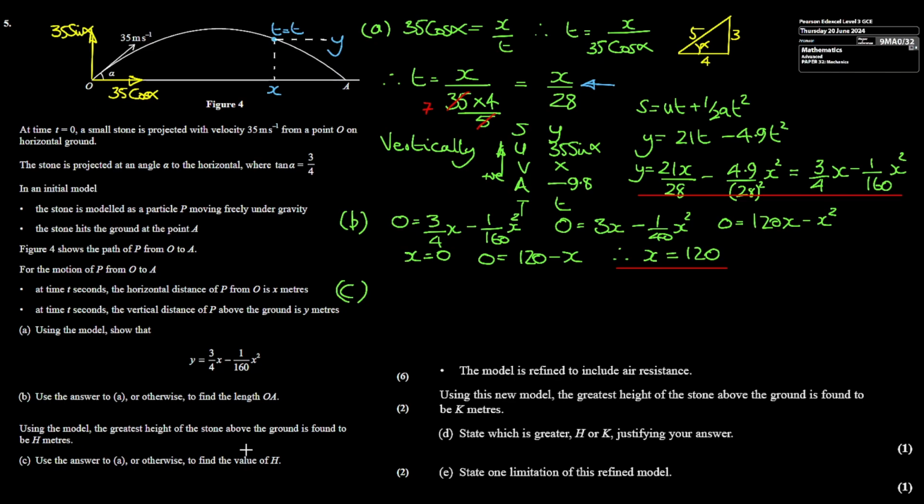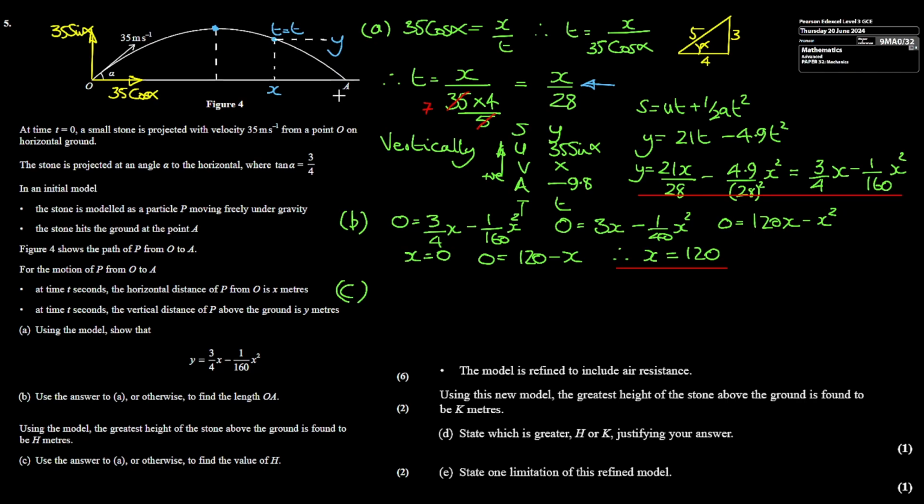Now in part C, we've been asked to find the greatest height that the projectile achieves, and they're suggesting we use the model. Well, the normal way, of course, is to just consider the vertical motion, and the particle is at the height of its travels when the speed instantaneously drops to 0 as it turns direction and heads back towards the ground. But using the model, we can do the same thing.